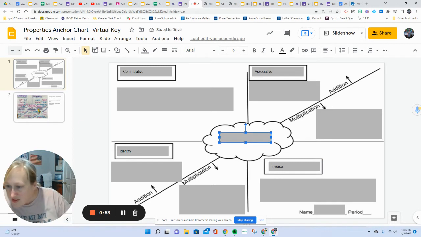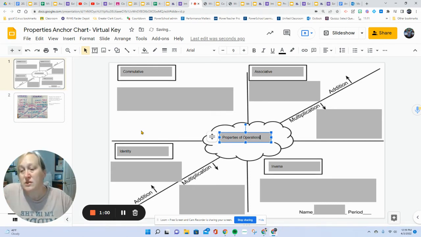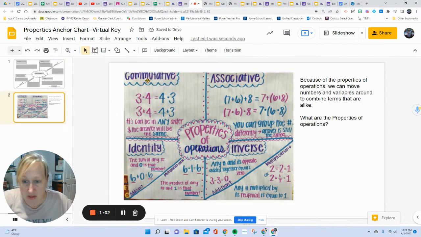The middle says properties of operations. So basically all I'm doing is coming over here and I'm putting these words and these examples where they're supposed to be. I have copied what is in each one of these bubbles into the spots over here.